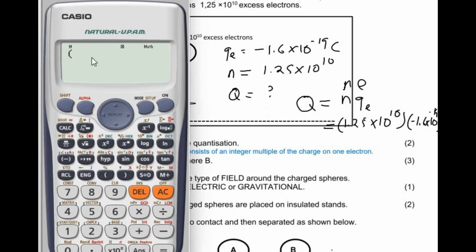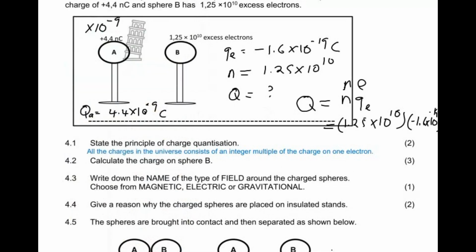So we then have 1.25 multiplied by 10 raised to the 10, times minus 1.6 multiplied by 10 raised to the power of minus 19. And we check how much that is. That is going to be minus 2 multiplied by 10 raised to the power of minus 9.